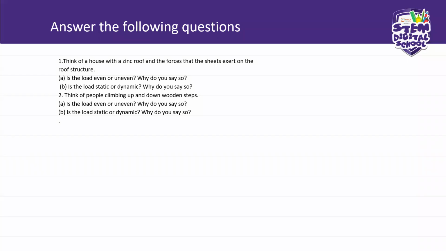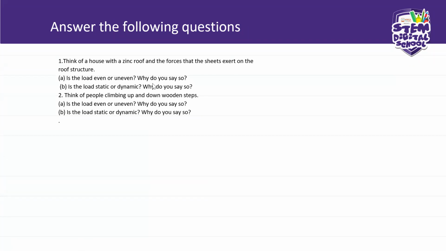Zinc roofs or metal sheets, this metal sheet kind of corrugated iron. Think of a house with corrugated iron and the forces that those corrugated iron sheets exert on the roof structure. Is the load even or uneven?